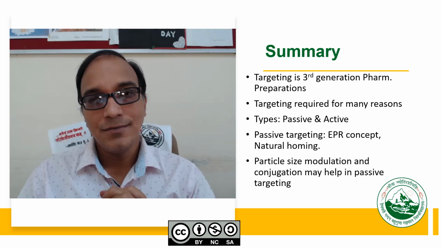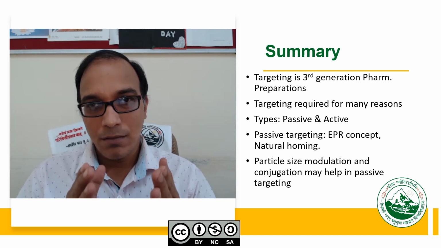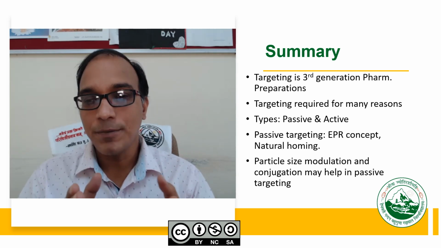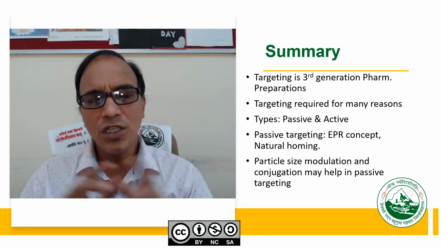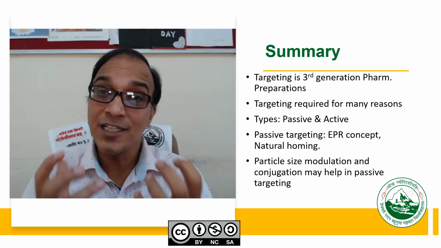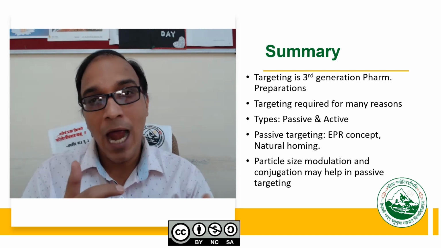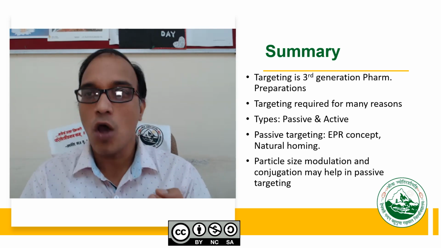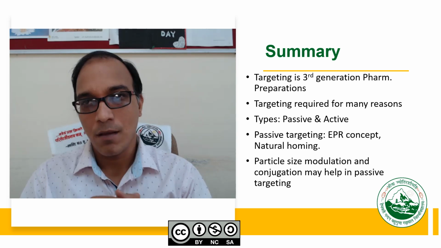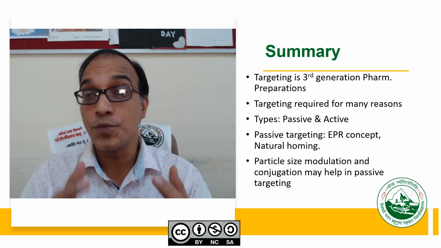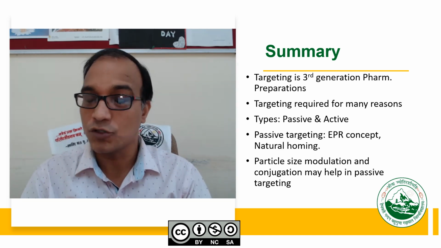In passive targeting, there are two approaches: the EPR concept and natural homing. It is when we avail the spontaneous fate of a xenobiotic or a foreign agent, or you can say API, the natural course of distribution of that thing. When we avail this, it is called passive targeting.